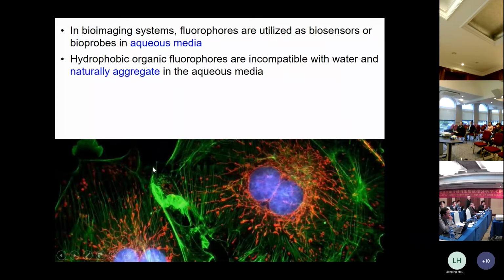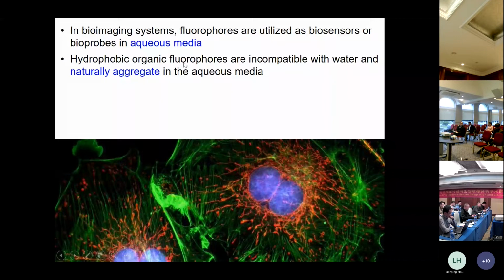However, the fluorophores that emit light are very often hydrophobic organic molecules, and because they are hydrophobic, they are incompatible with water. Think about putting a drop of oil into water. What will happen? Basically the oil will form oil droplets. It will not be dispersed in water.